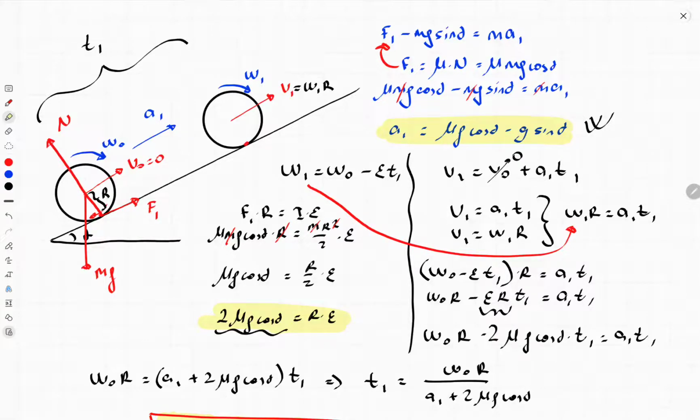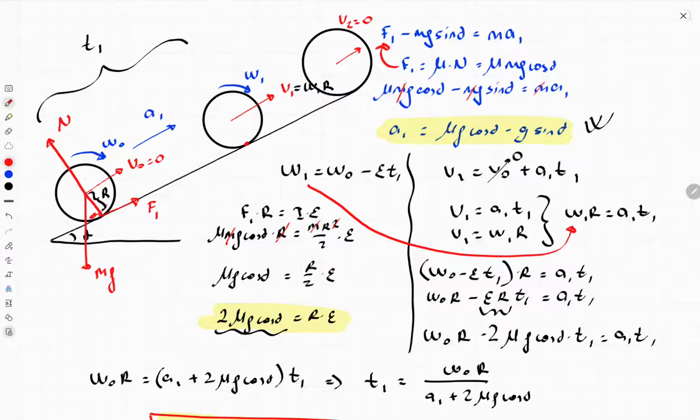And it will reach its maximum height, for example, somewhere here. It means its velocity in this direction, let's call it V2, becomes 0. We should find after how many seconds its velocity will become 0.